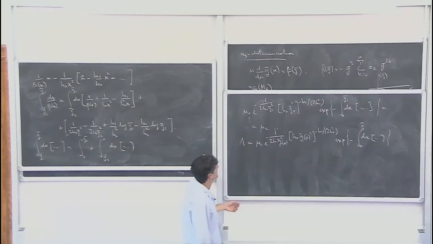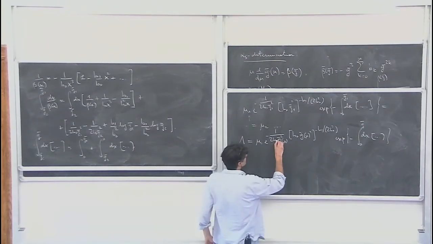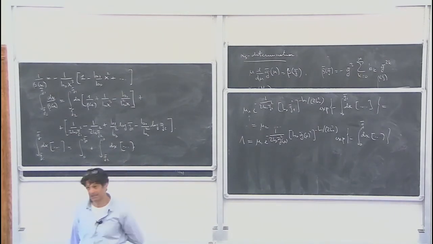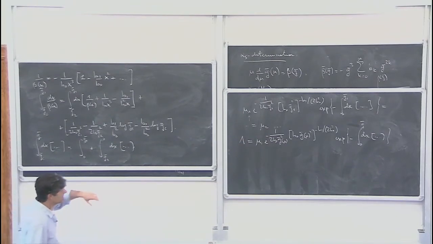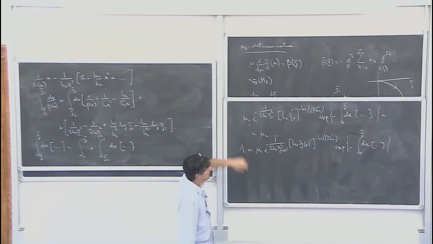This is a b0, and therefore it's scheme dependent. Only the first two coefficients of the beta function are scheme independent. So the lambda parameter is scheme dependent, just like alpha is.